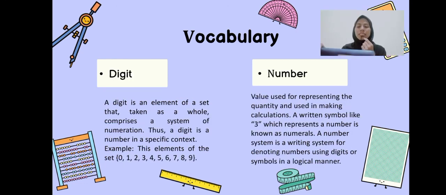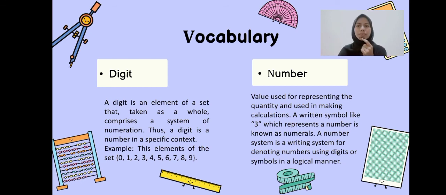Next, digit. A digit is an element of a set that, taken as a whole, comprises a system of numeration. The digit is also a number in a specific context. Example, the elements of the set 0, 1, 2, 3, 4, 5, etc. Next, number.